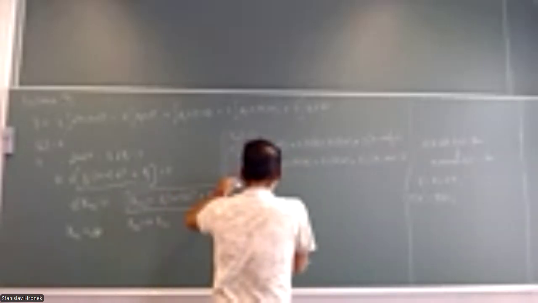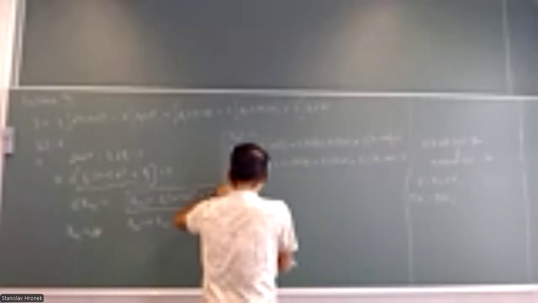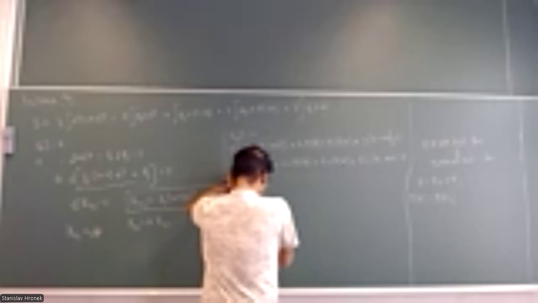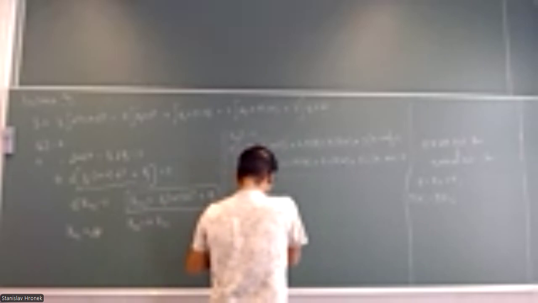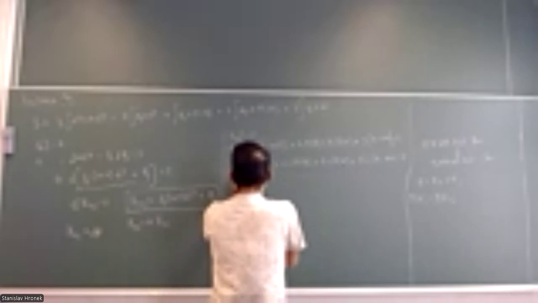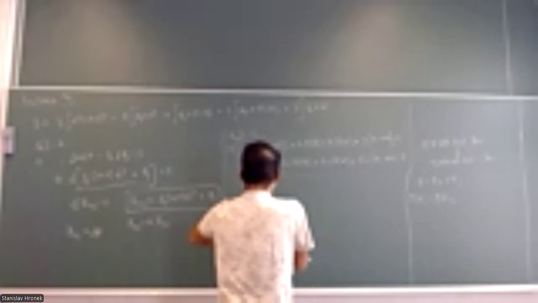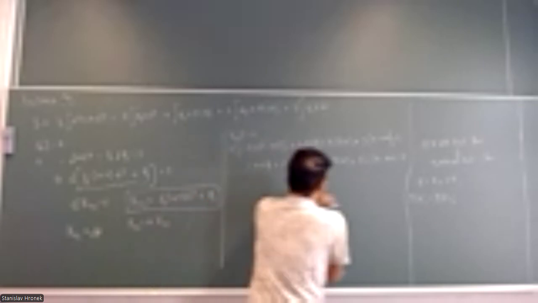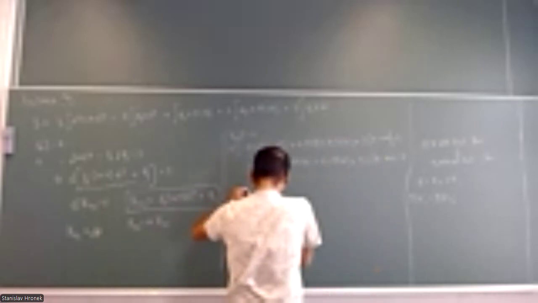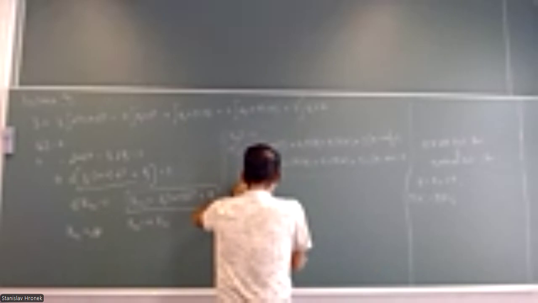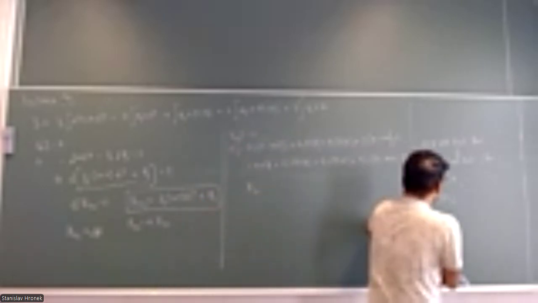This portion, let me combine them a bit. Let me write them as, okay, first let me just simplify this a bit. So let's define k plus minus as here.